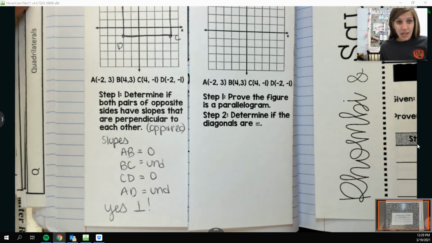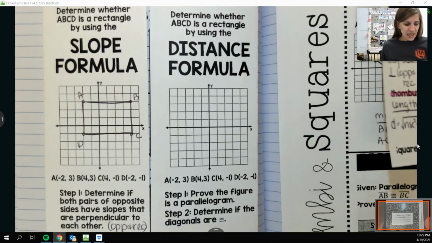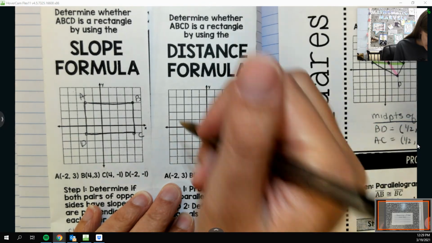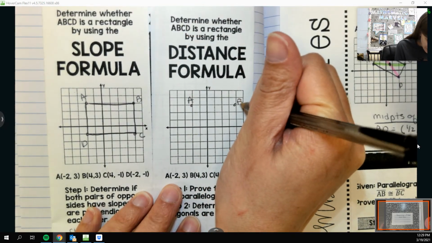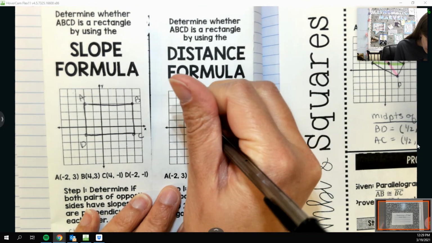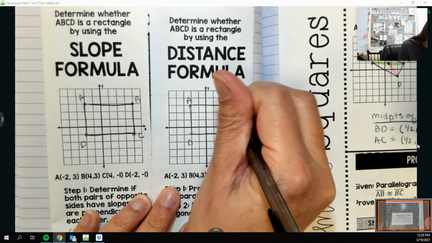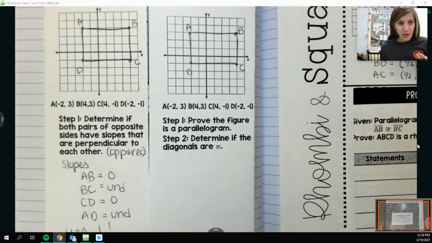Now we can also use the distance formula to prove that something is a rectangle. Is this the same one? Yeah, it's the same one. A, B, C, D. Using the distance formula, we can do that one of two ways.